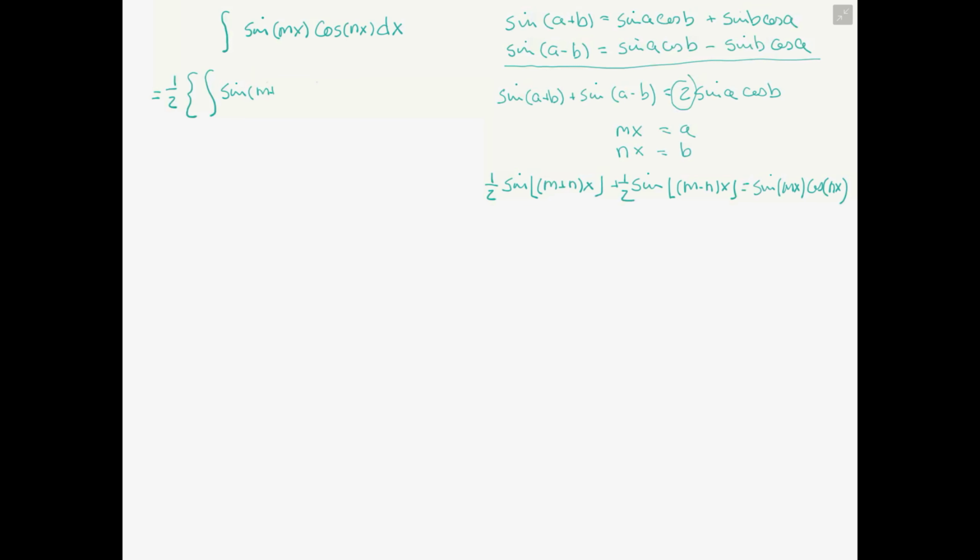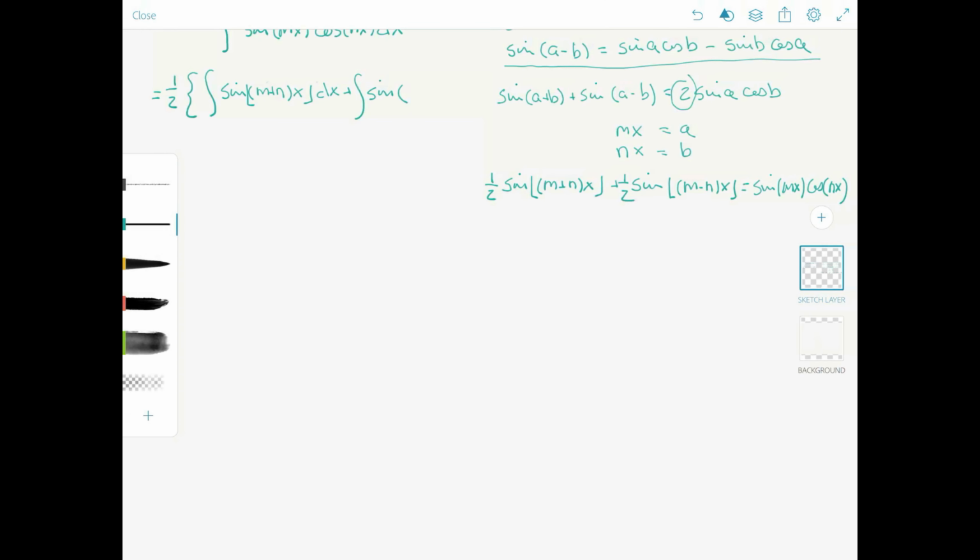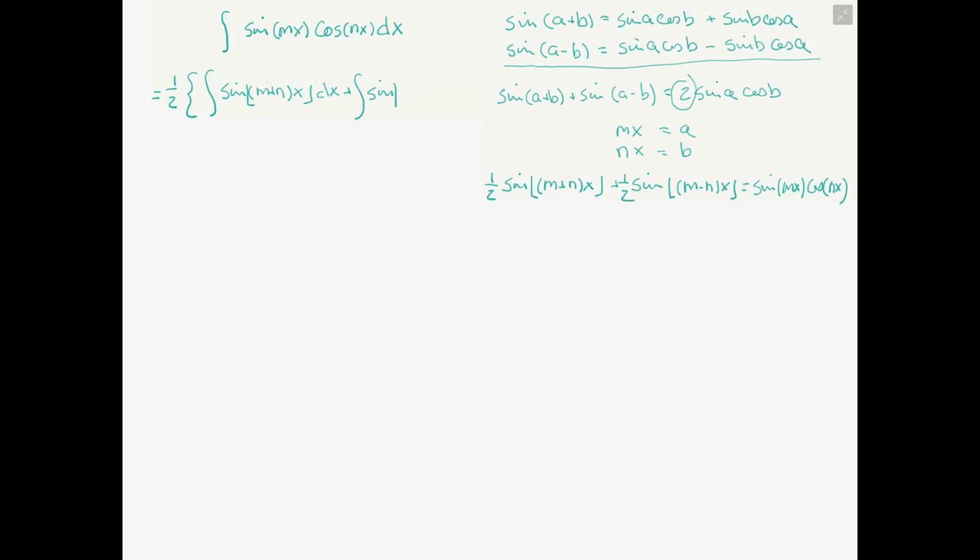We've got the integral of sine of (m plus n)x, can't forget the x, dx, plus sine of (m minus n)x dx.